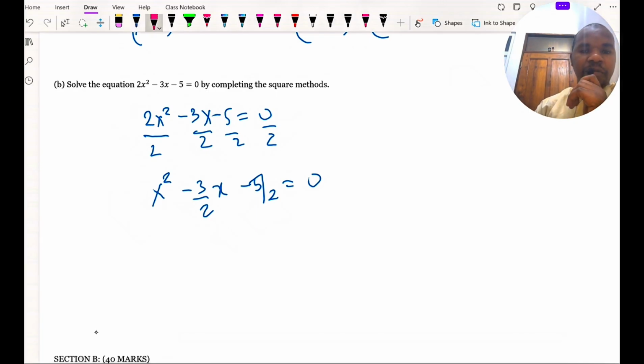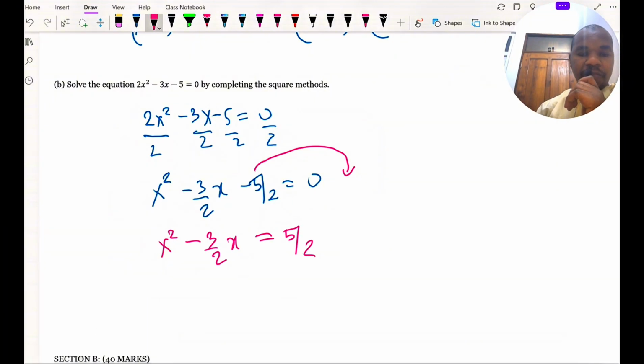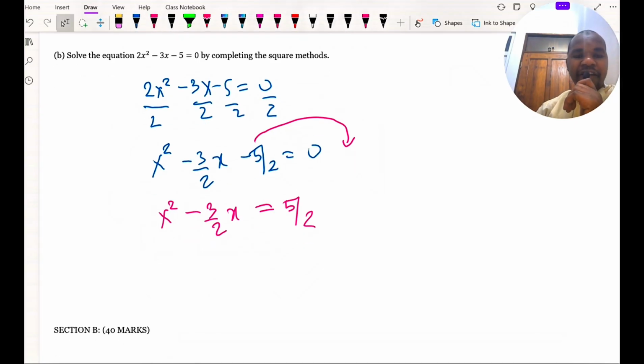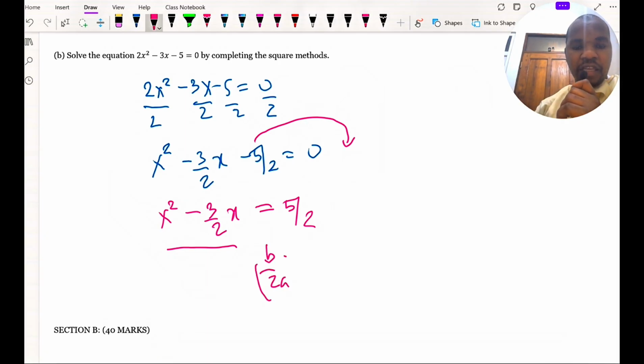And the next step, now I'm going to take this to the other side. So we'll be having x squared minus 3 over 2 x equals 5 over 2. Then find a number which, when added to this expression, we are going to get a perfect square. So I'll be adding b over 2a both sides.